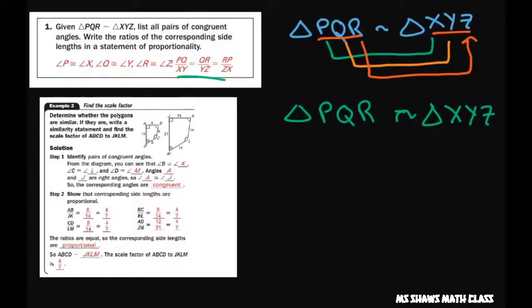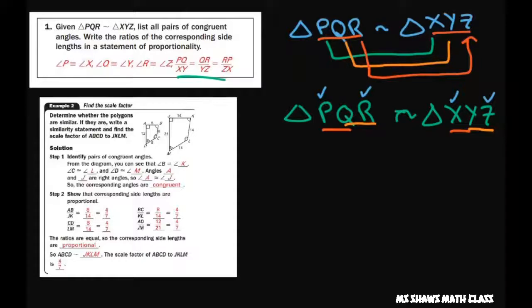So that means PQ over XY equals QR over YZ. And then also this equals, and we'll just do this, RP and ZX. Do you see how it goes in order?